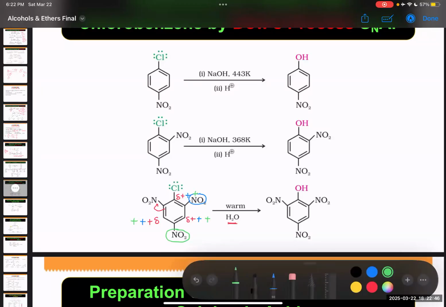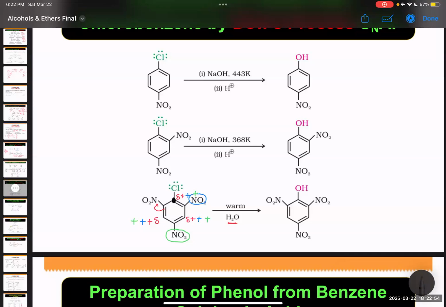So this whole positive charge is increasing the positive charge on the carbon atom bearing the chlorine. So it becomes so positive that even the water molecules can react with it by simply warming.